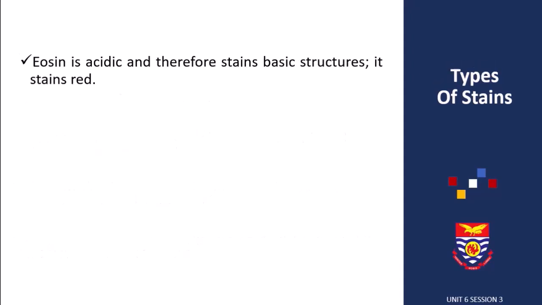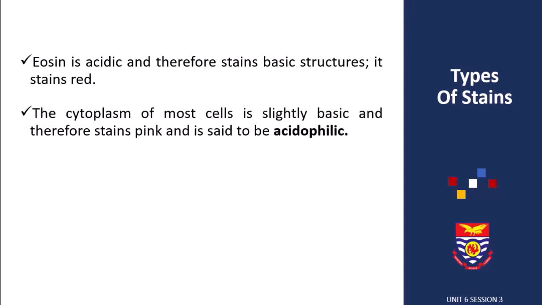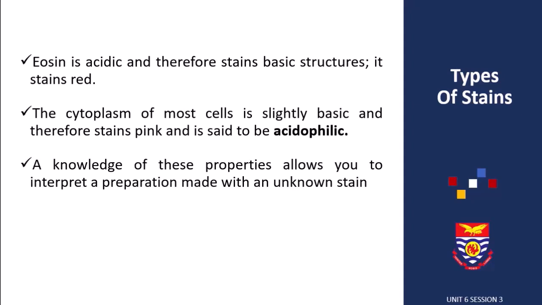For the other type, which is eosin, this particular dye is acidic and therefore stains basic structures red in color. The cytoplasm of most cells is slightly basic, and because of that, it stains pink, and the cytoplasm is said to be acidophilic because it attracts acidic stains.